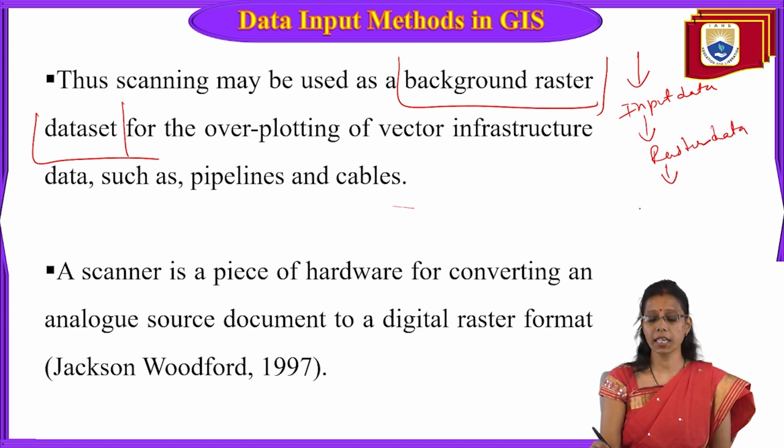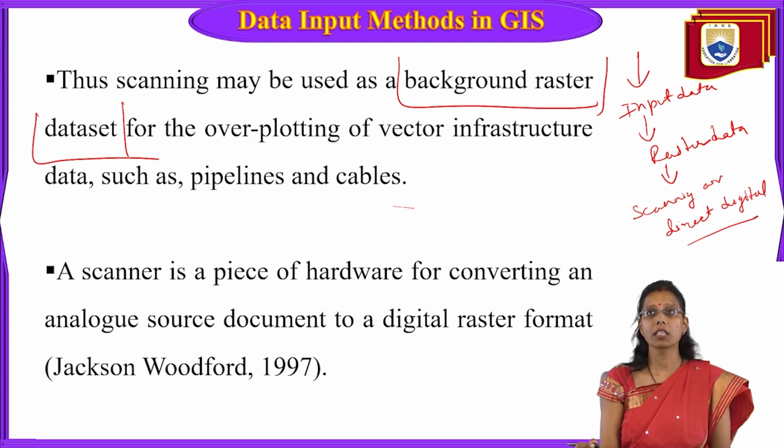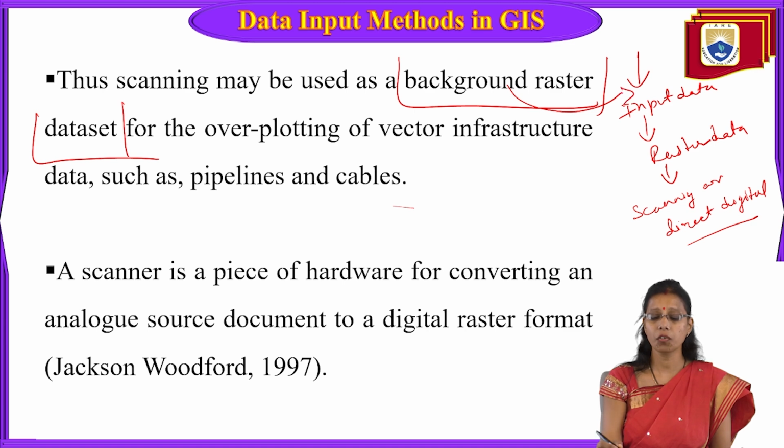We get the raster data through scanning, or directly as digital data through processes like satellite images and aerial photographs. Once this data is scanned, it can be used as an input file.